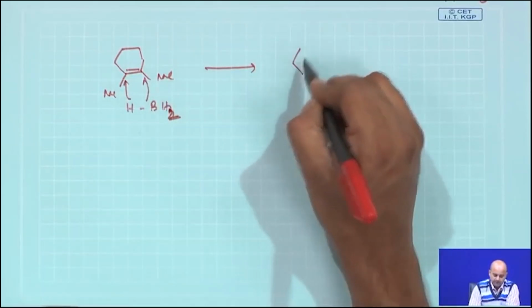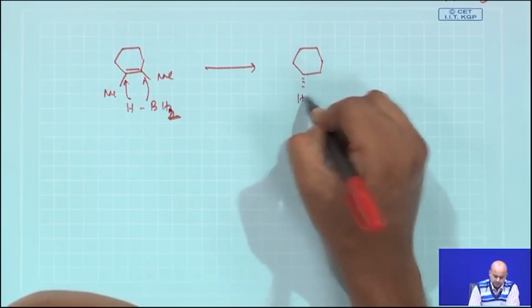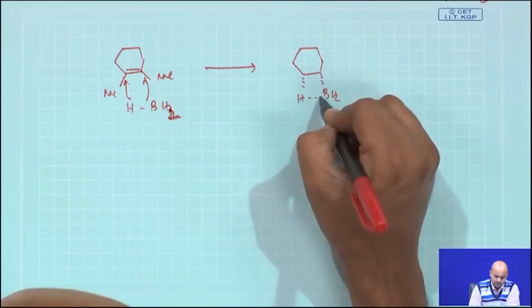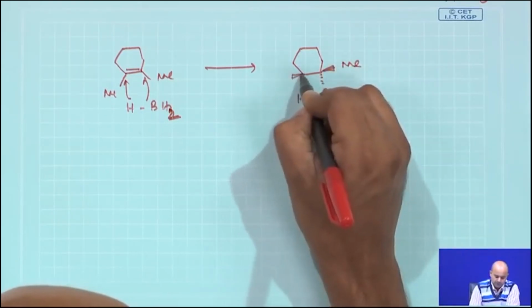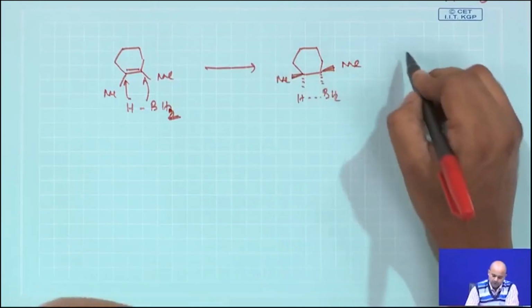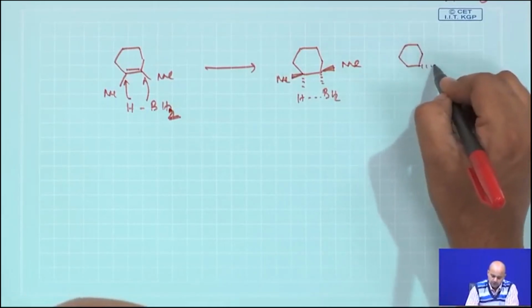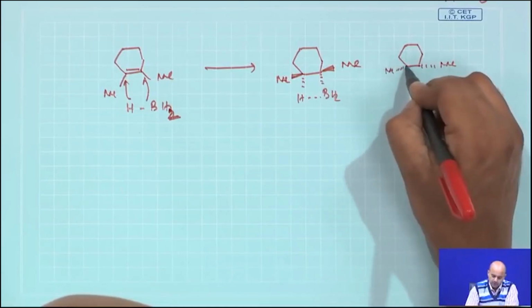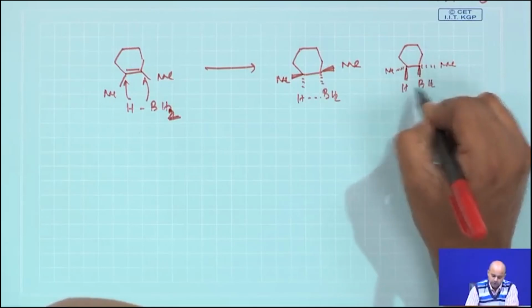So you will basically have this isomer, or you may have the other isomer where methyl will be below, hydrogen will be here, and BH2.